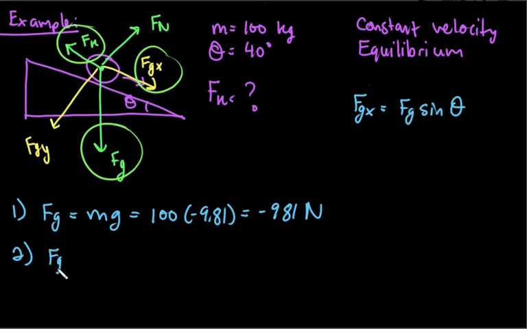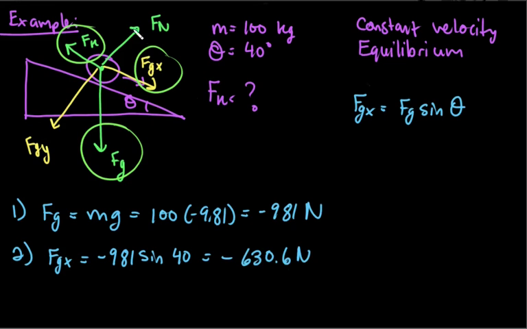So FGX is equal to negative 981 times the sine of 40 degrees. And that will give us a total of negative 630.6 newtons.